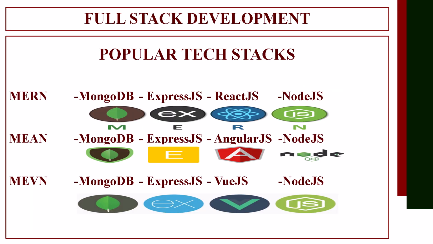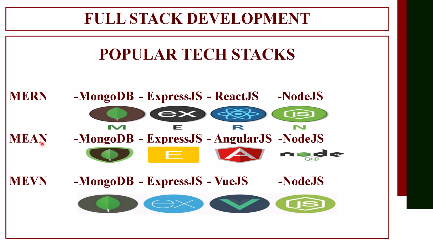There are different types of tech stacks, but the most popular three tech stacks are given here. One is MERN stack, second is MEAN stack, third is MEVN stack. What is MERN stack? M for MongoDB, E for Express.js, R for React.js, N for Node.js.